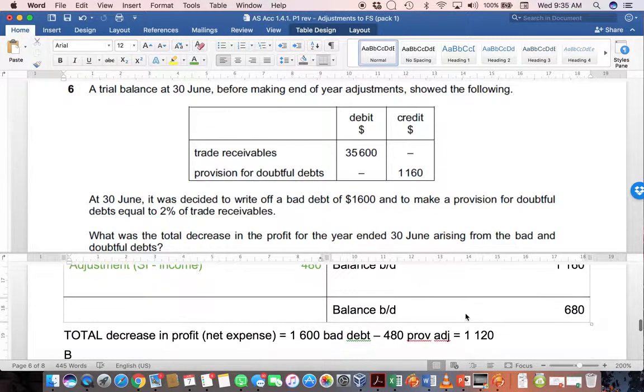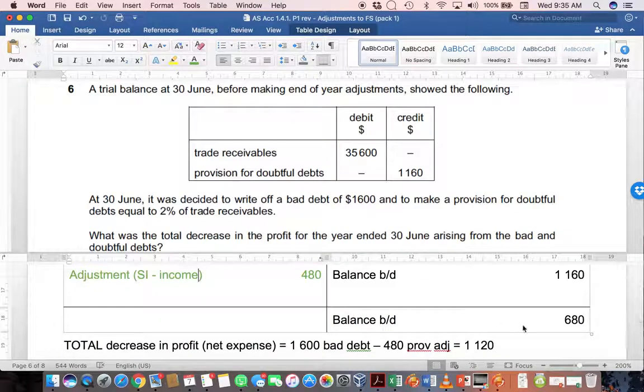So from there, we can now work out the total, because this 480 is only part of it. We are asked to work out the total decrease in profit, in other words, the change in the net expense.